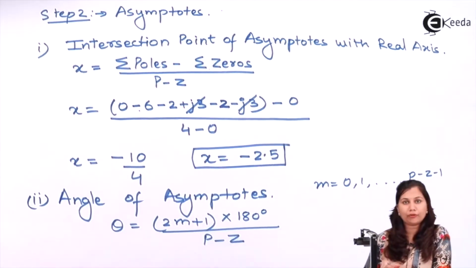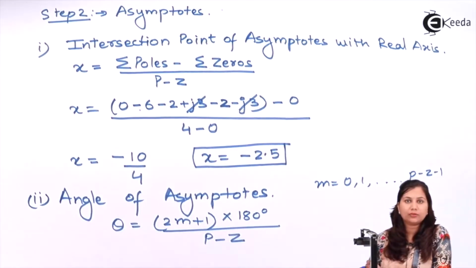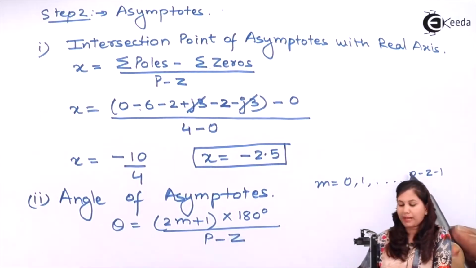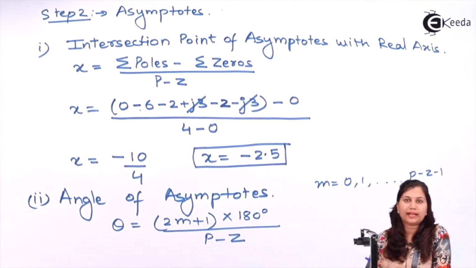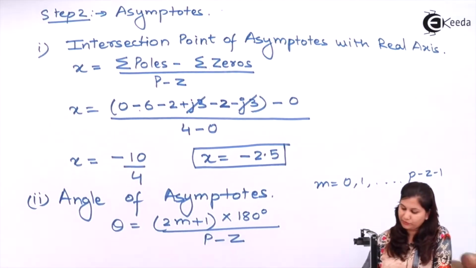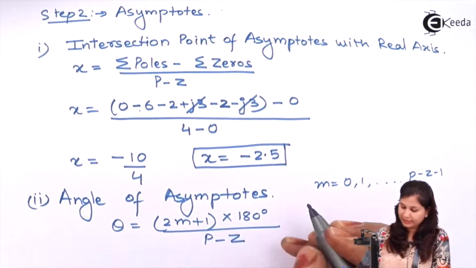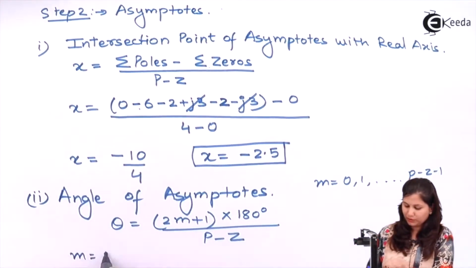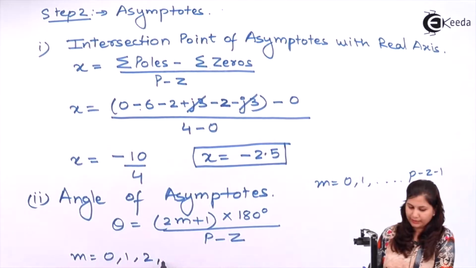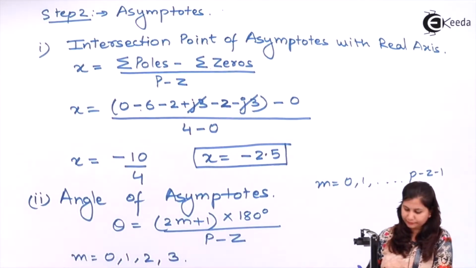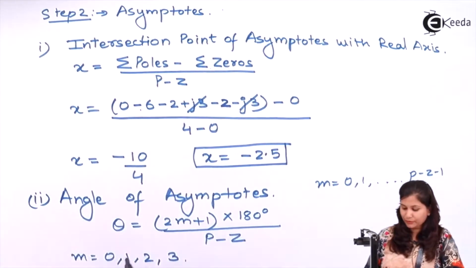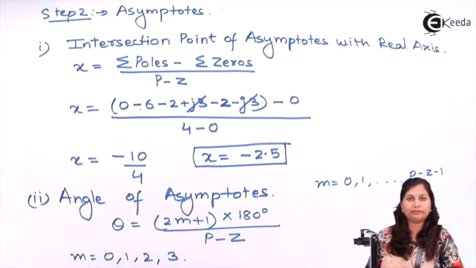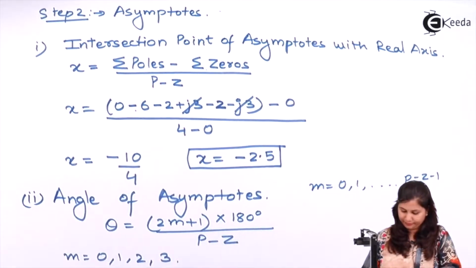We are having 4 poles and we are having no zeros. So 4 minus 0 minus 1, that is 4 minus 1. So we will be having 3. That is m will be equals to 0, 1, 2 and 3. Okay. Now putting the values of m here and we will find out the value of theta.